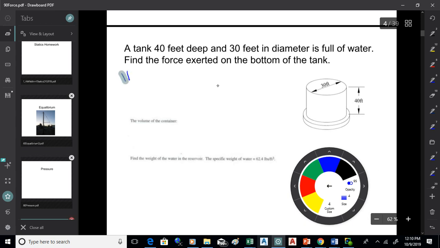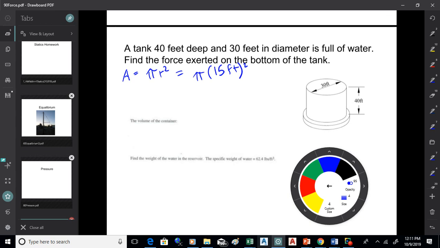Let's start with the area, pi r squared. Get that. When you finish this up, you ought to get about 1,760,000, something like that for the weight.